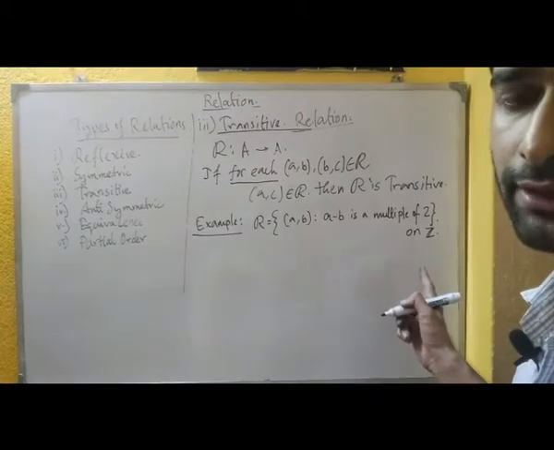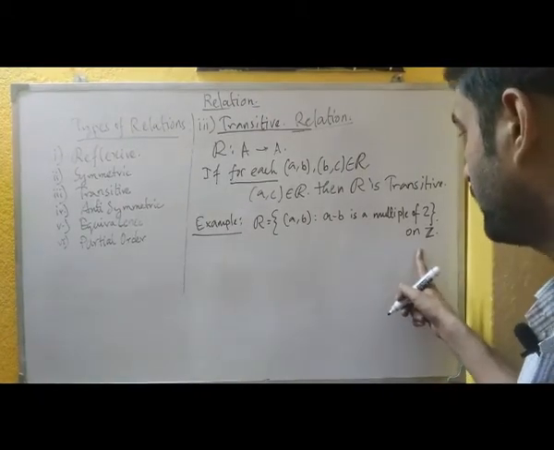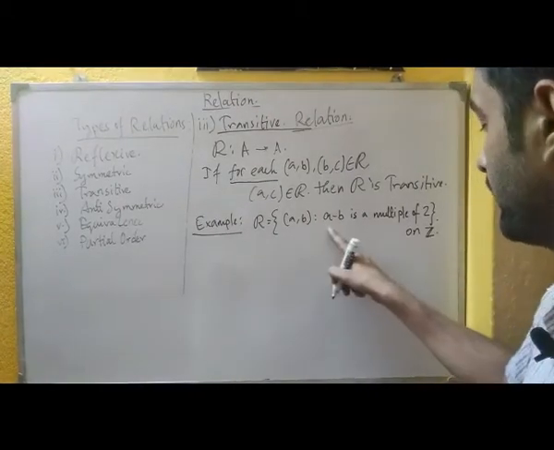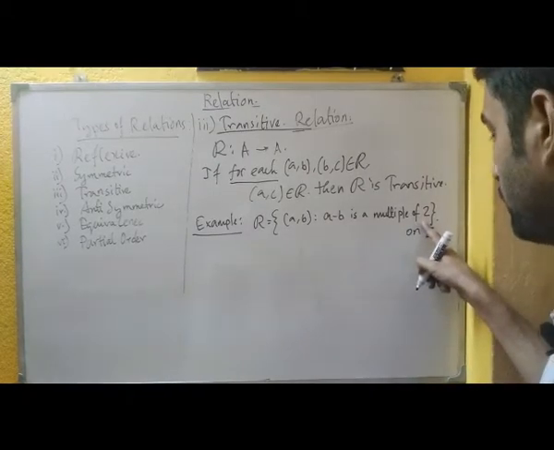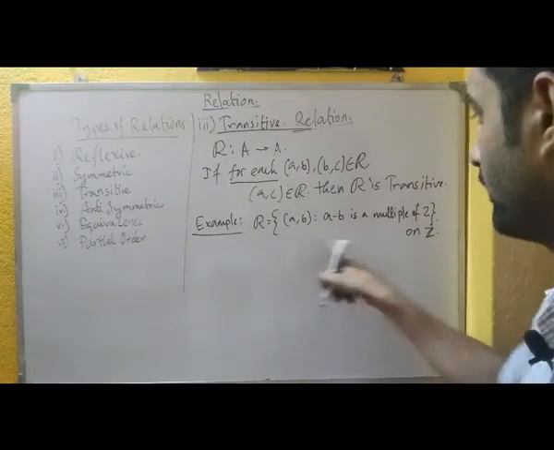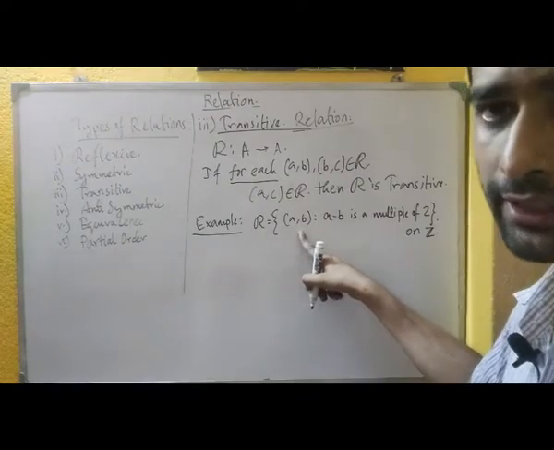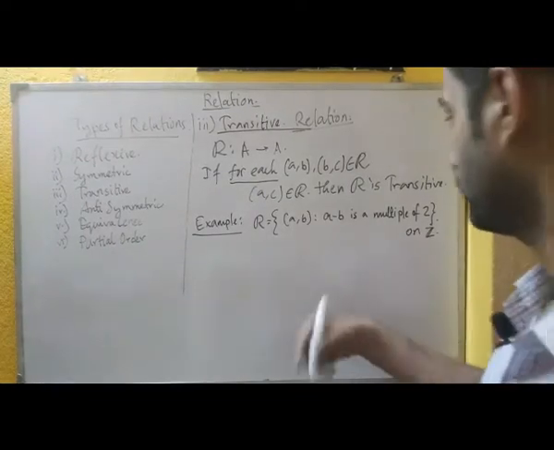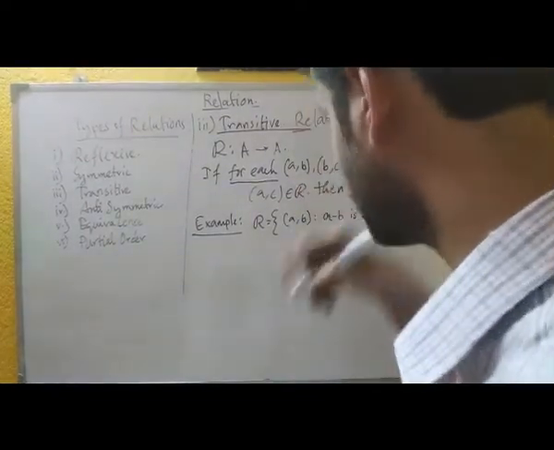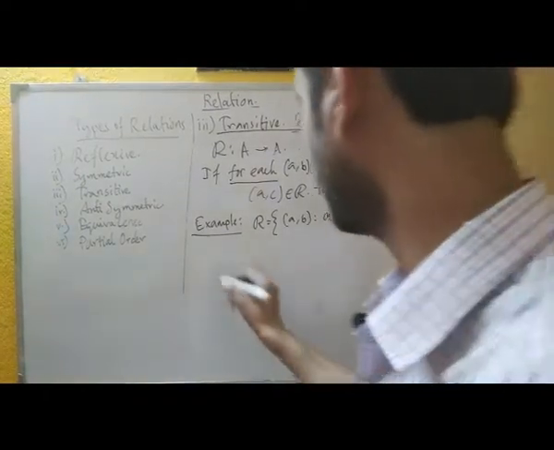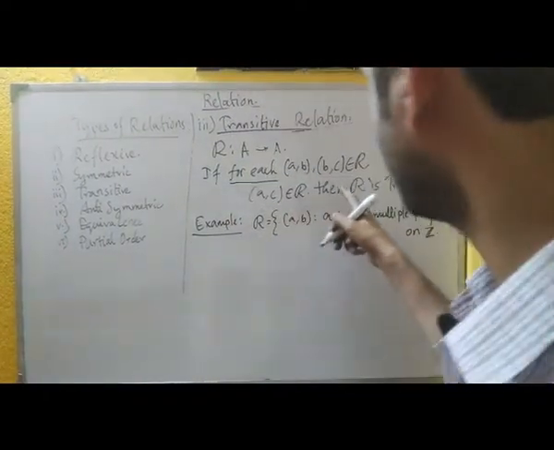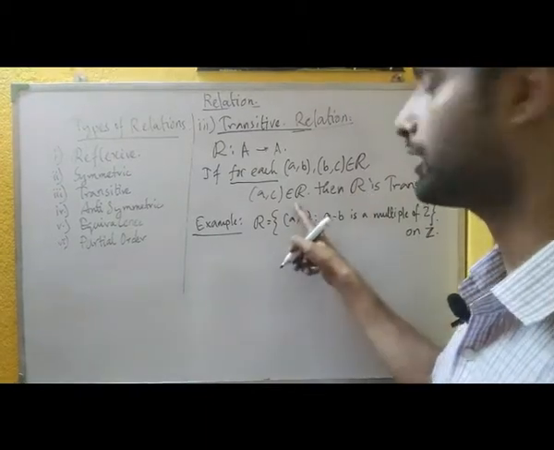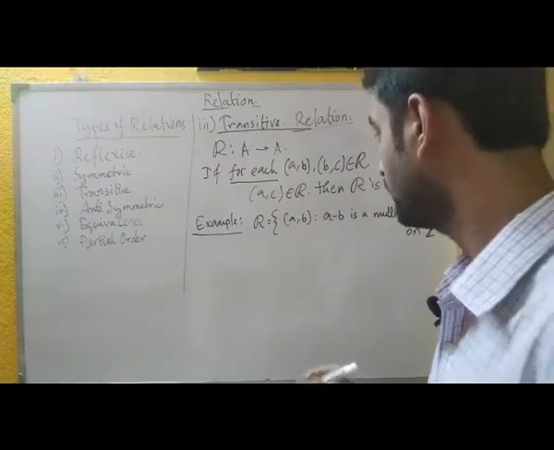The relation R is defined on the set of integers, and it is defined like this: a minus b is a multiple of 2. If this holds, then we take the element (a,b) in the relation. Okay. So for transitivity, what do we have to check? If (a,b) and (b,c) are in the relation, then we have to check whether (a,c) is in the relation.